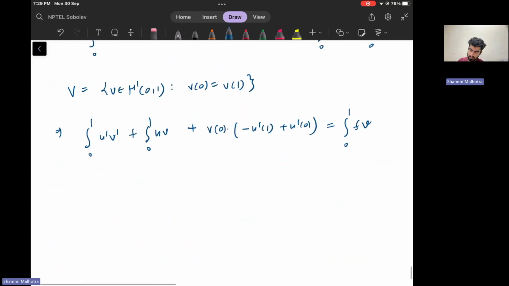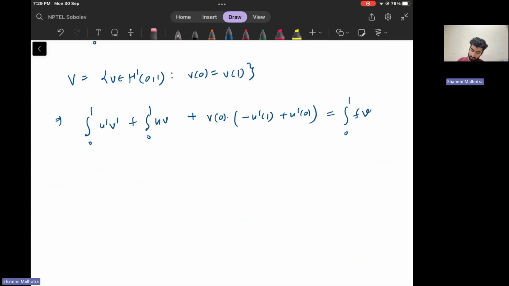So I have to add something, k times v0, so that I am able to get the required equality, and am able to remove all the integral terms, and ultimately I am left with this v0 times minus u dash 1 plus u dash 0 term.